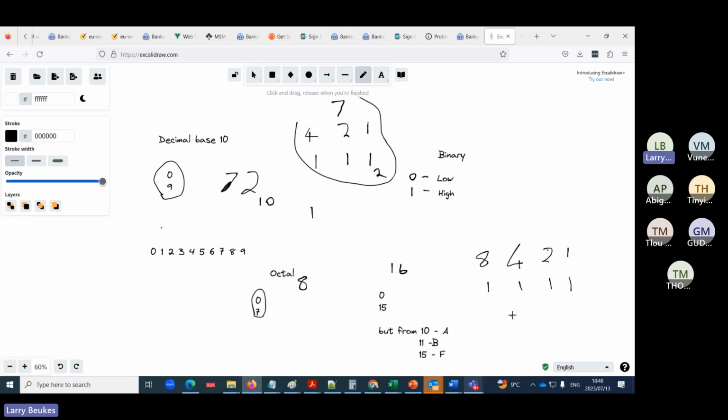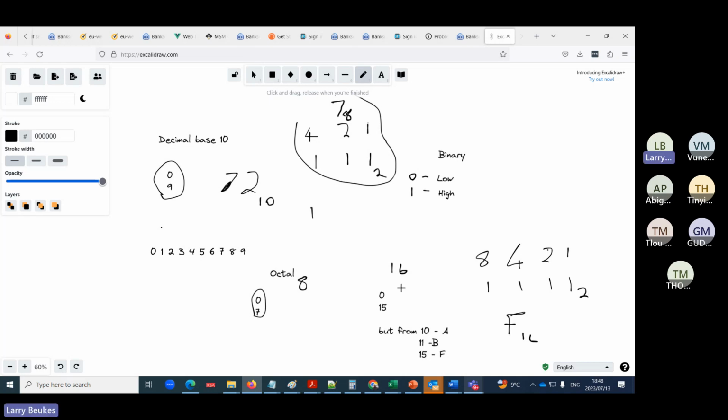So it's 15, which is equivalent to F. So we know this is F in base 16, right? Then, for example, this one, 7, 8, right? In binary, it's as well.